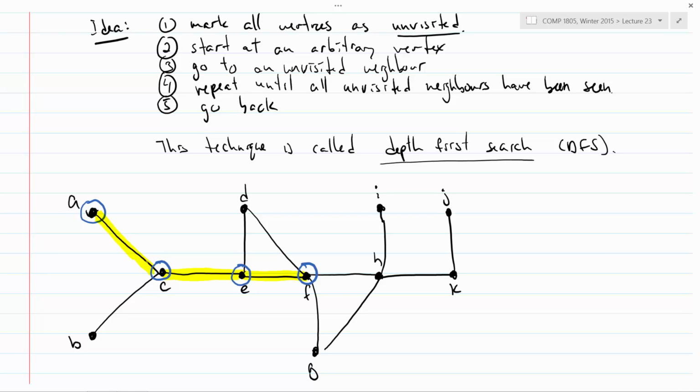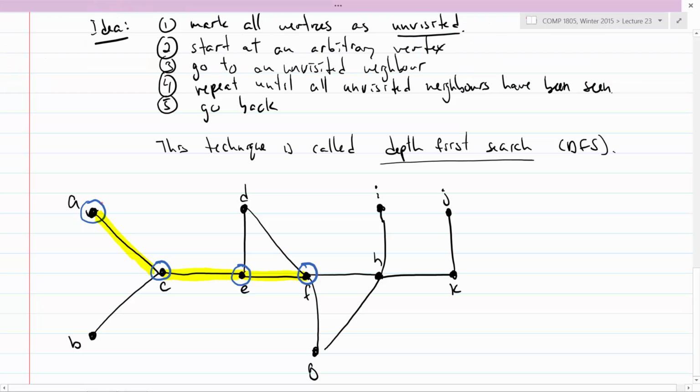So I go and look at my steps, and step 4 was repeat until all unvisited neighbors have been seen. So I've just done this. So step 5 says to go back. So I'm currently at A, and now I go back to C. Question?